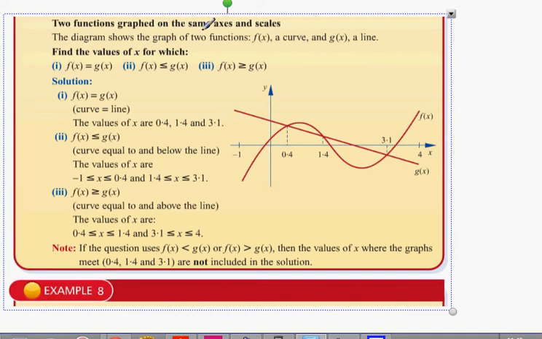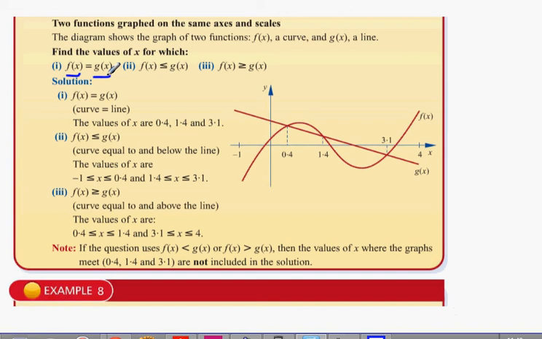So 2 functions are graphed on the same axis. The diagram shows the graphs of 2 functions, a curve and a line. Find the values for which f of x equals g of x. What does f of x technically mean, guys? Y. It means the output of the curve, or the y value of the curve. What does g of x mean? Output of the line, or the y value of the line.